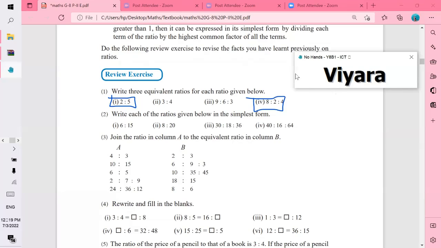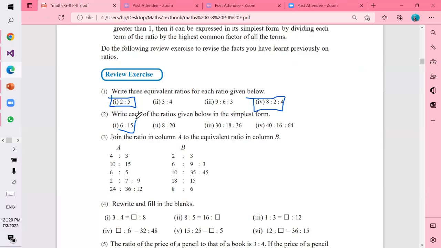That is also Viara. Whenever your chance comes, okay? Next question is also Viara. Viara, tell this in the simplest form. It's easy. 3 to 5. Divide by 3. 6 to 15, divide by 3.